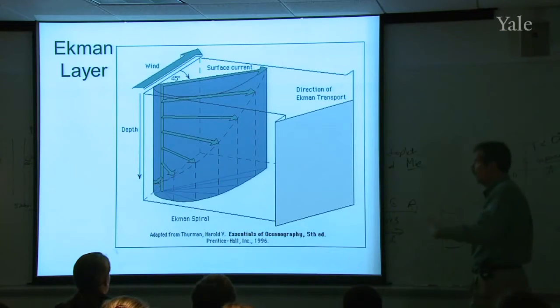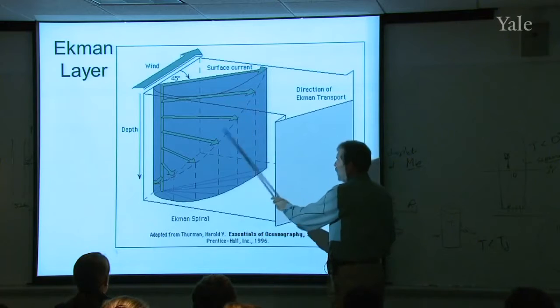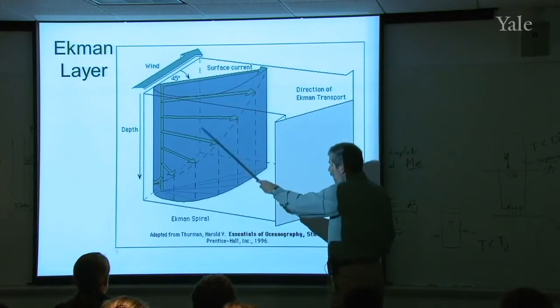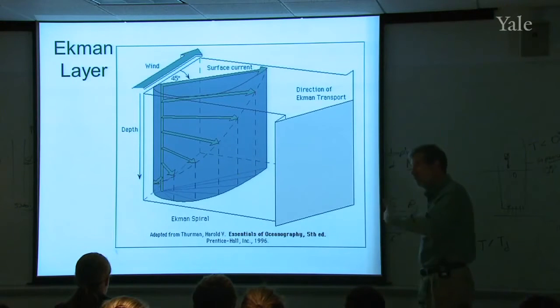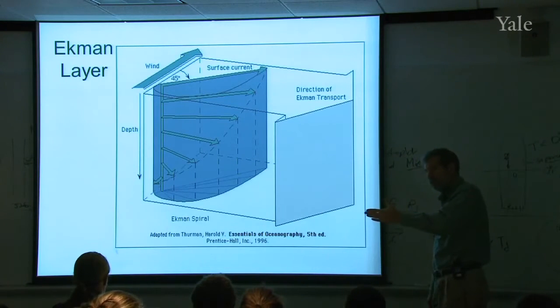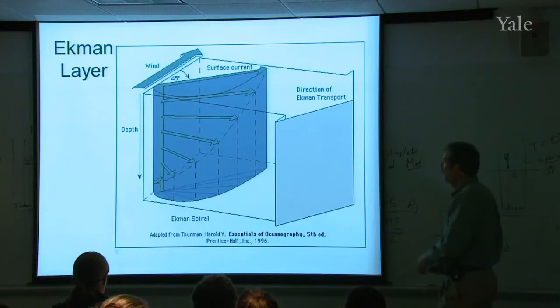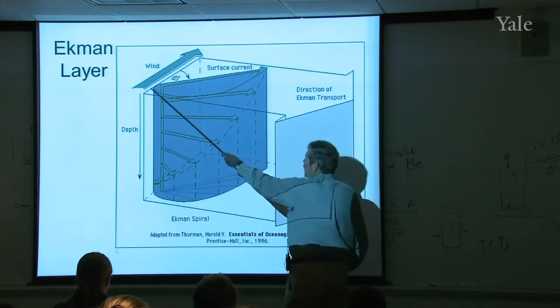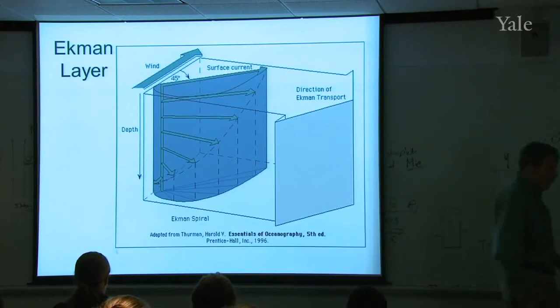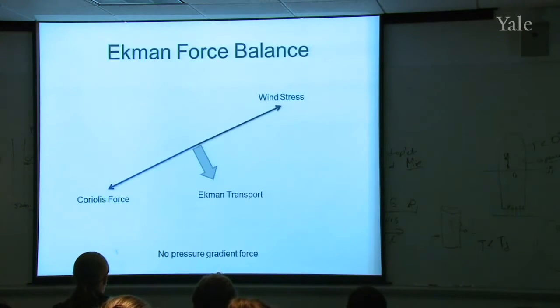It has a spiral with depth. I'm not going to talk about that, but if you average that out, the net of all that motion is directly to the right of the wind stress. And that's this big arrow here. That's the direction of Ekman transport, exactly at right angles to the wind stress that's being applied.